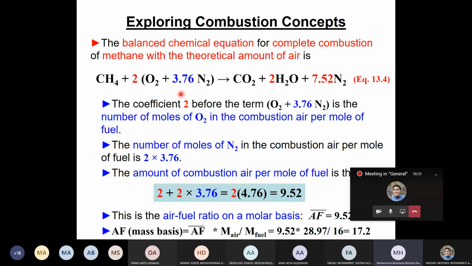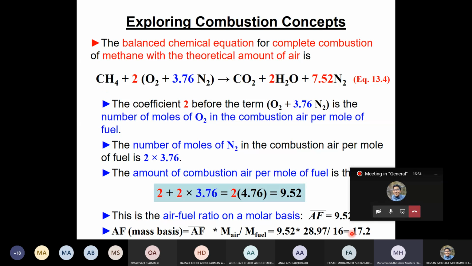Remember that when we write this equation, it is based on 1 kilomole of fuel. If we want to get the air to fuel ratio by mass, we start from this value, which is how many moles of air per mole of fuel. Then I multiply this by the molecular weight of air, which is 28.97, divided by the molecular weight of fuel, which is 12 plus 4, giving 16.